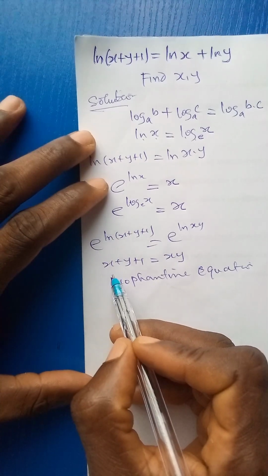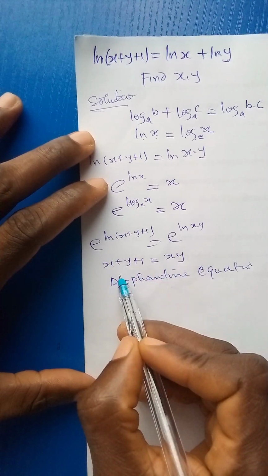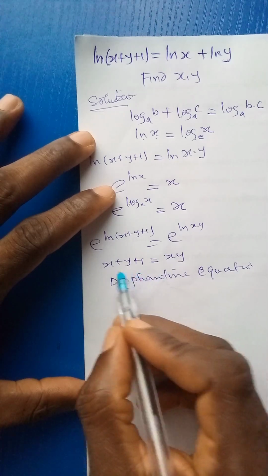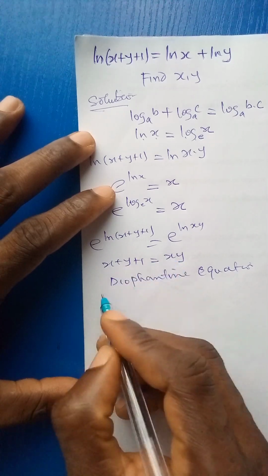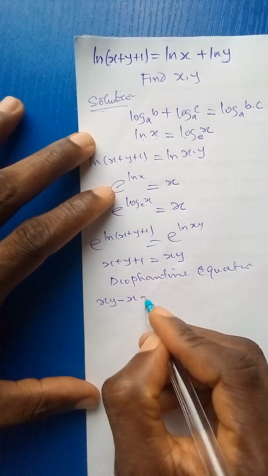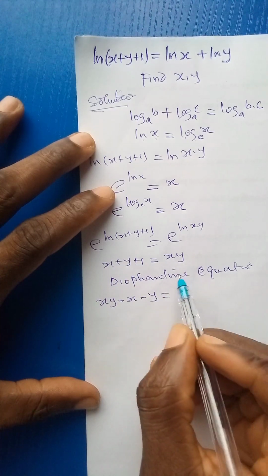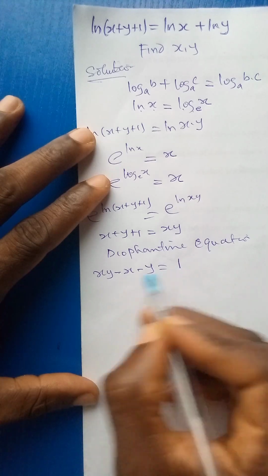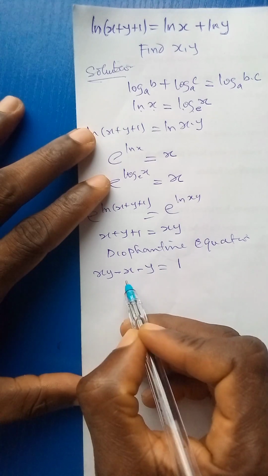Now what I will do is to manipulate these terms so that I will be able to factorize them. To do that, I'll move all the unknown variables to one side. So I'll move xy minus x, then minus y is equal to 1. Now, the next thing I will do is to add 1 to both sides so as to be able to factorize the left-hand side.